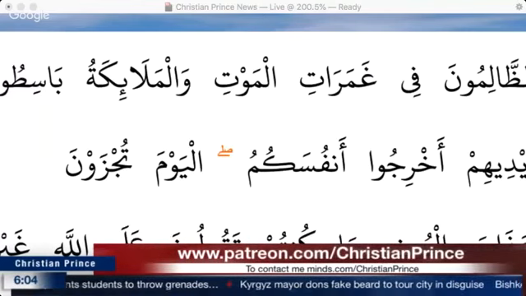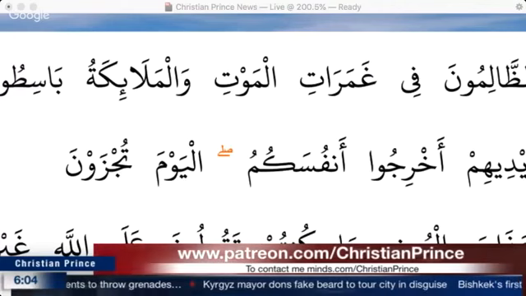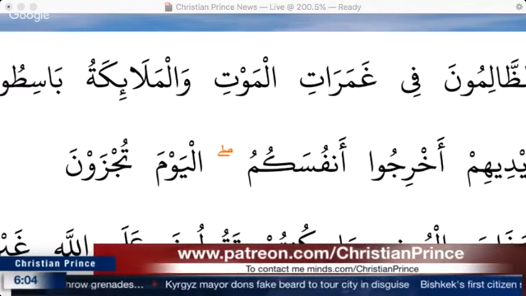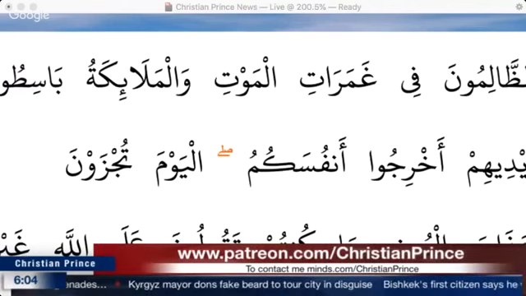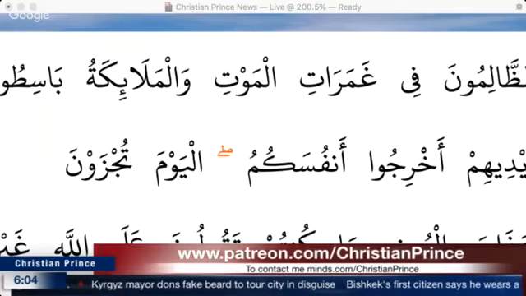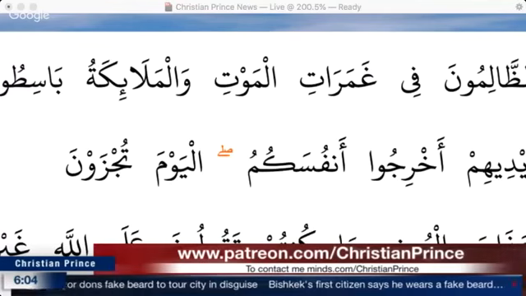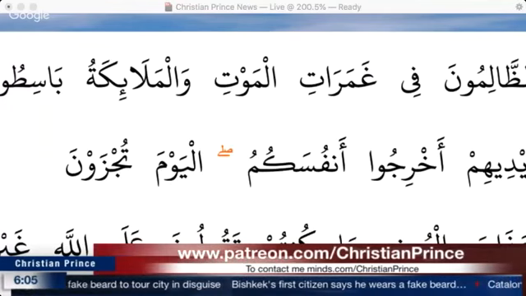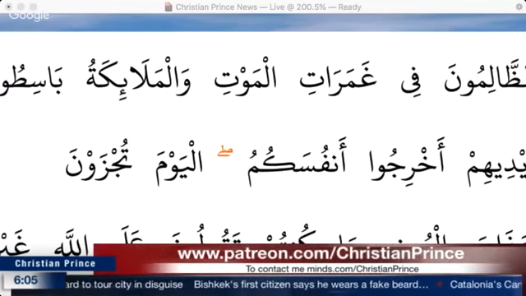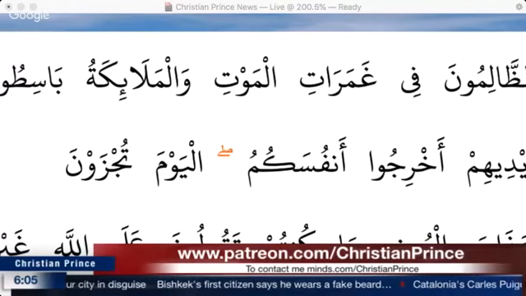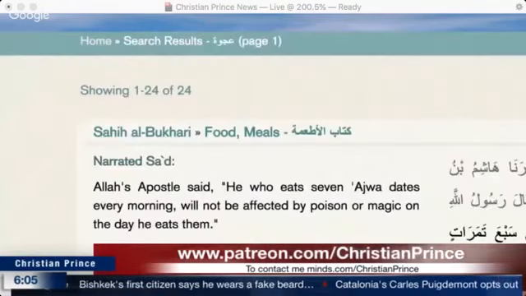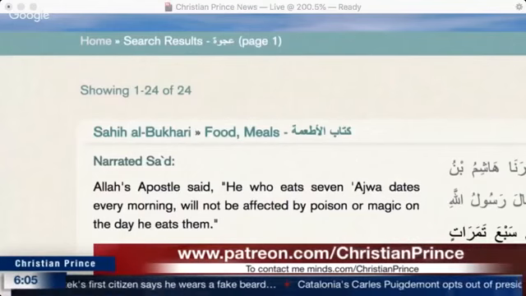Now if we go to the Quran interpretation for this verse, you will find that most Muslims agree that this is about music. Let me see if I can find it in the hadith of Muhammad.